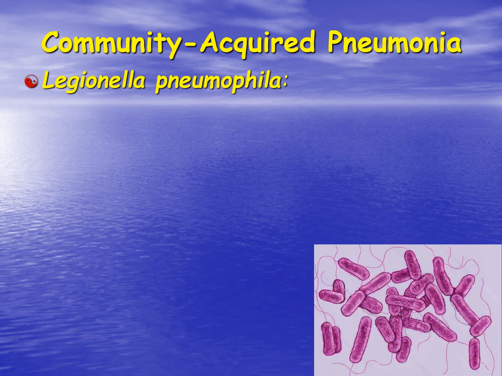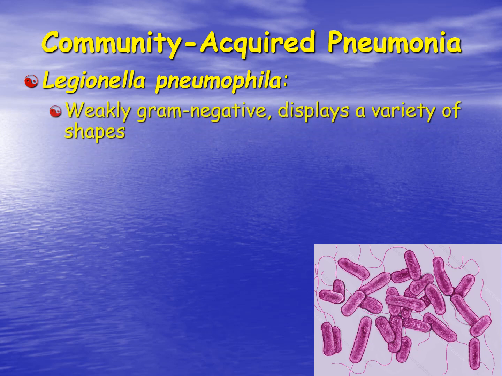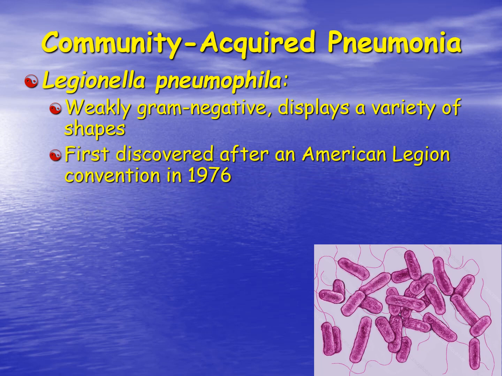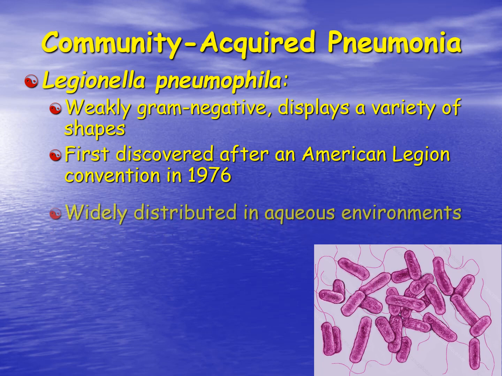Legionella pneumophila. This is a fairly recently recognized bacteria. It's a weakly gram-negative rod-shaped bacteria. It can display a variety of shapes, however. It was first discovered in a group of individuals up in Connecticut during a 1976 American Legion convention, hence the moniker Legionella.